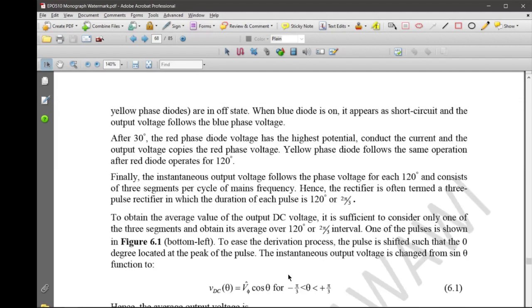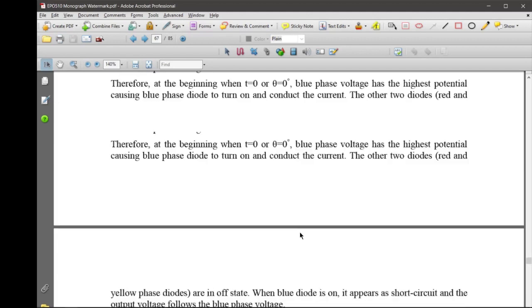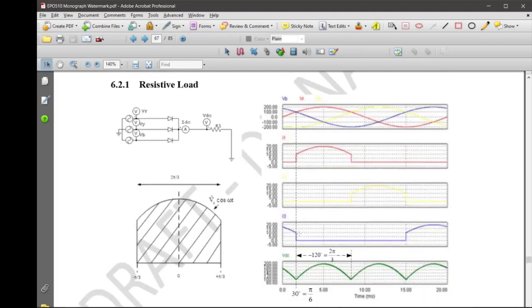So you can read that VDC equals VP cos theta. To solve this, you integrate the output voltage.